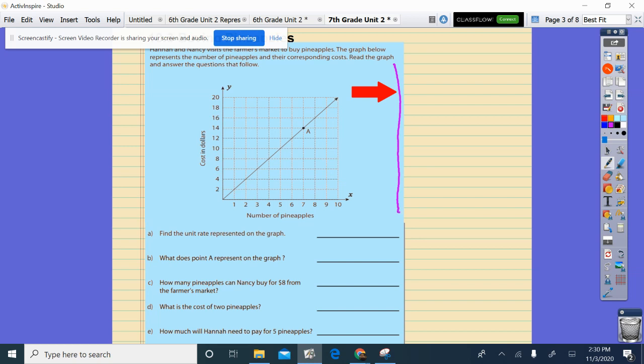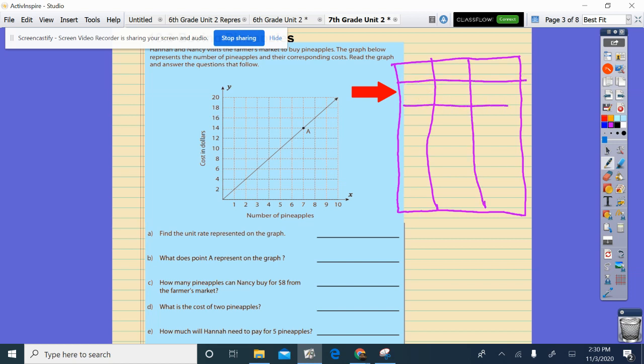Well, I'm going to go ahead and put in a table because I like to take graphs and make tables out of them. That way I can see the information a little bit more clearly. So this is going to be my X column, this is going to be my Y column, and this is going to be my K if we do have one.